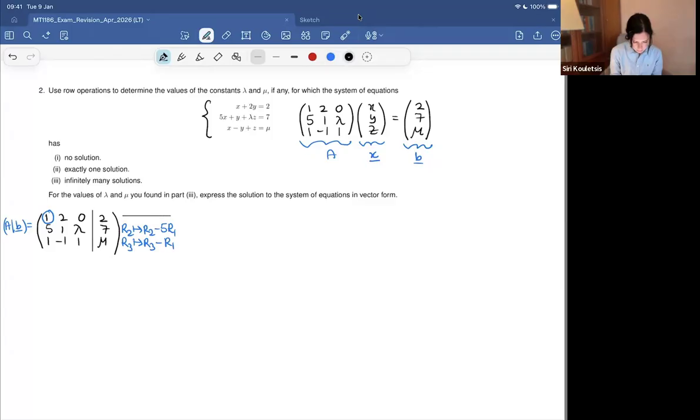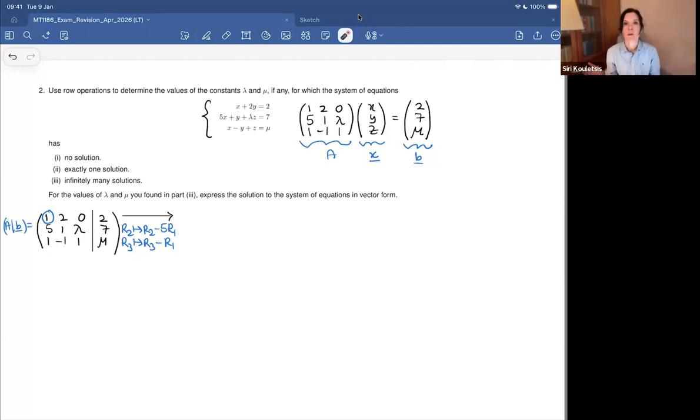Okay, so row 1 I'm keeping fixed. And I can now add or subtract suitable multiples of row 1 from row 2 and row 3 respectively, to create those zeros that I want below. You can see here that row 2 going to row 2 minus 5 row 1 will make this 5 a 0, and that's what we care about. The rest of the row will become whatever it becomes when we do that row operation.